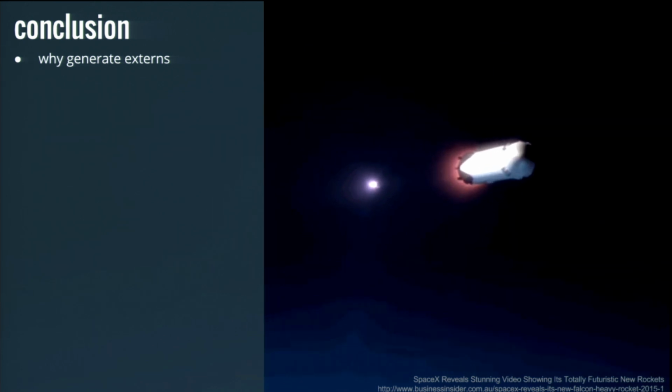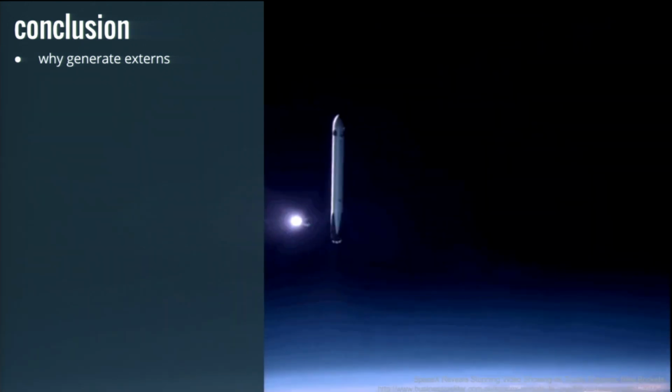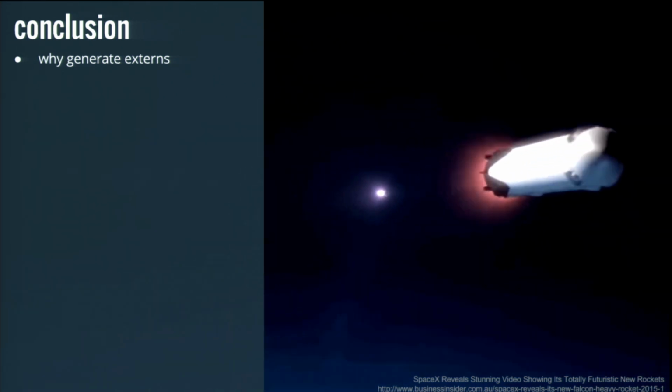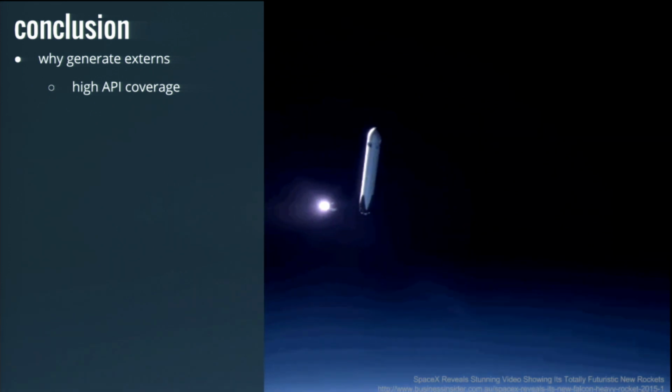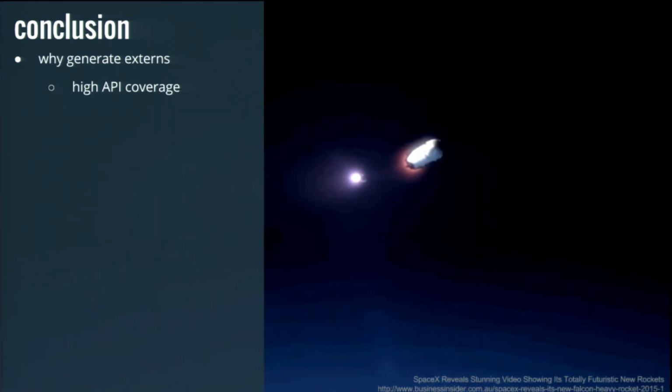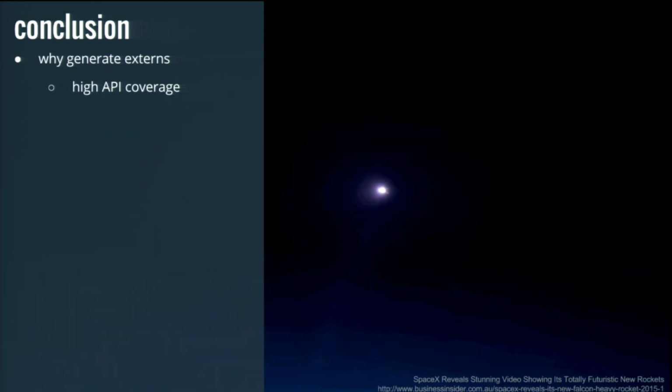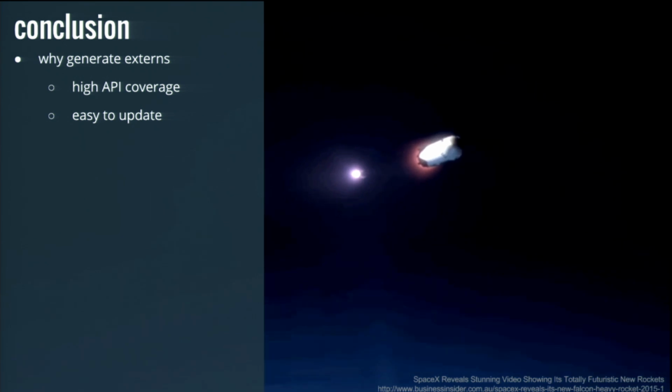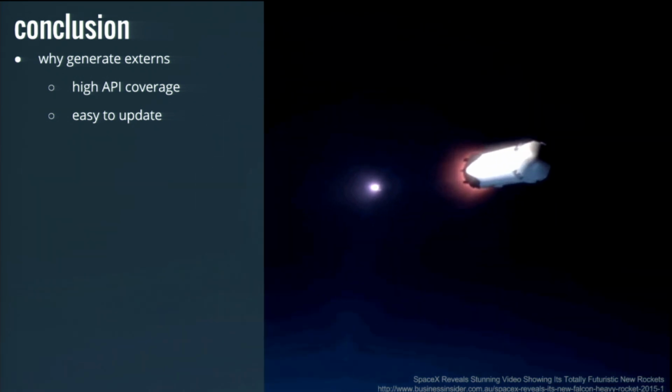So actually, that's all the little tiny tips for generating externs. First of all, why should we generate externs? Because we can achieve very high API coverage very easily. And then it's very easy to update the extern files when a new upstream library has been released.